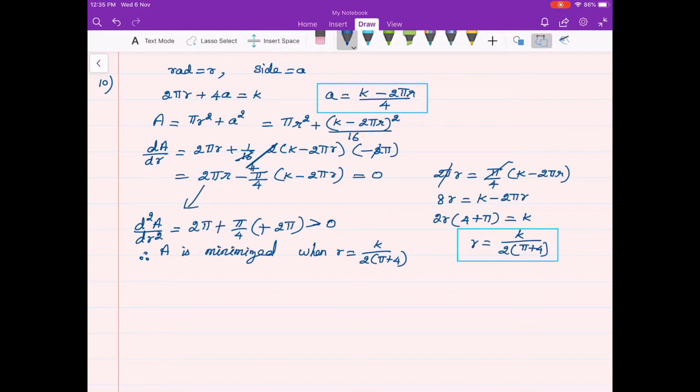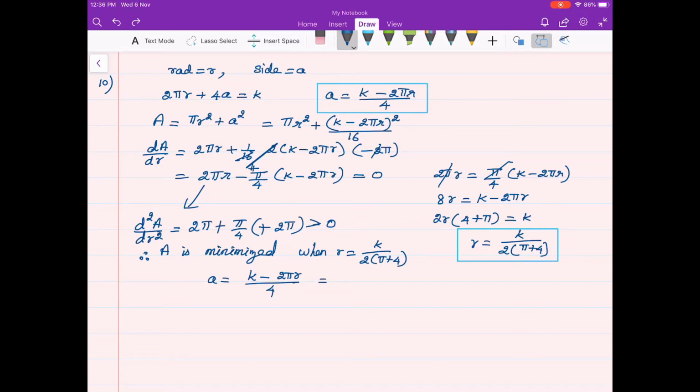Now, let us check the question. We have to prove that the side of the square is double the radius of the circle when the area is the least. So, side of the square we have already taken a as (k minus 2πr) over 4.